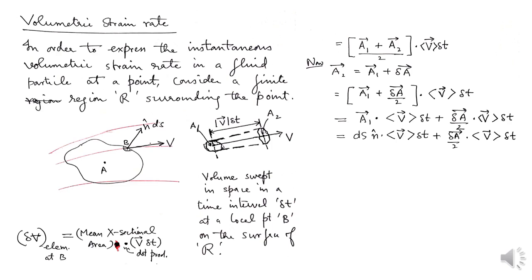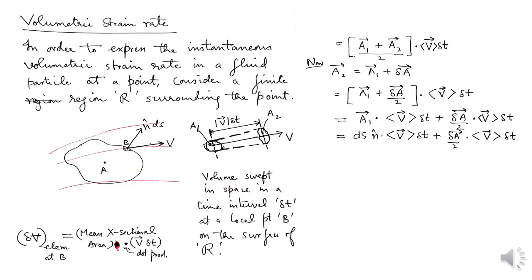So in order to get the volumetric strain rate of this region, we just have to focus on a small point B on its surface and a tiny area that surrounds this point B. So we call that the small area element.